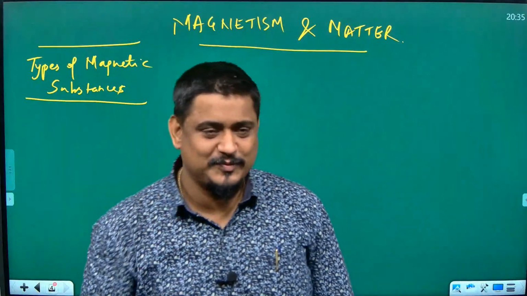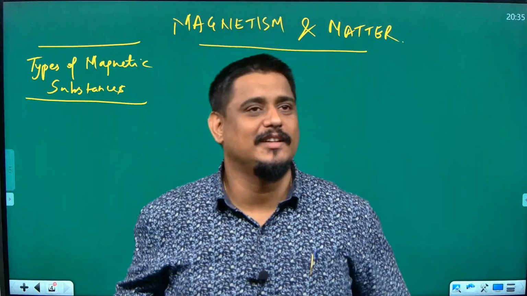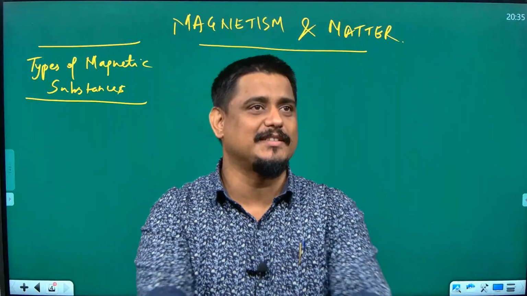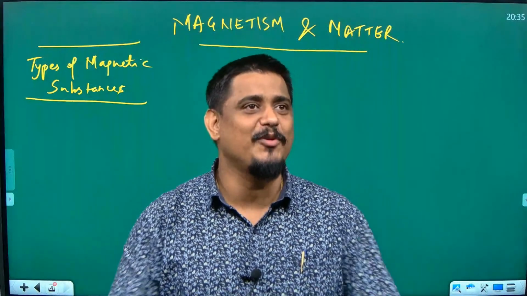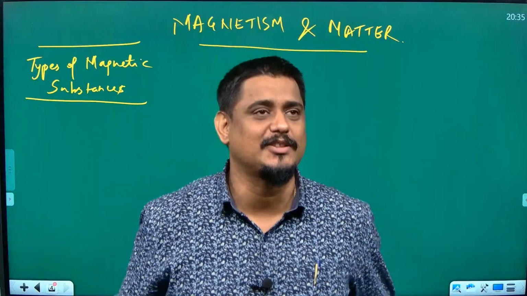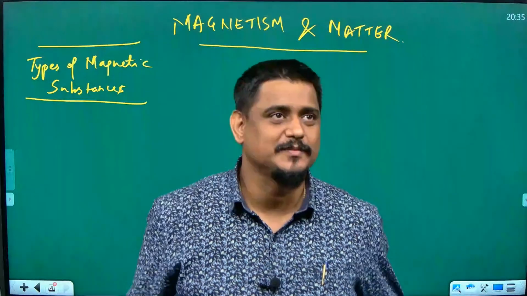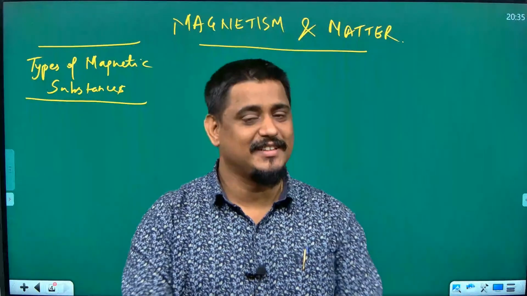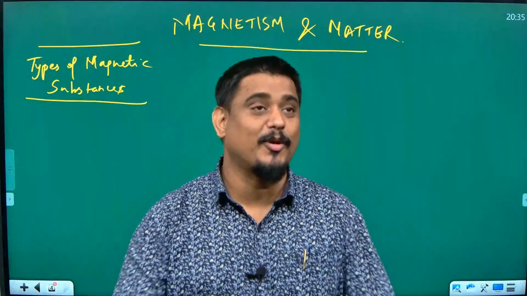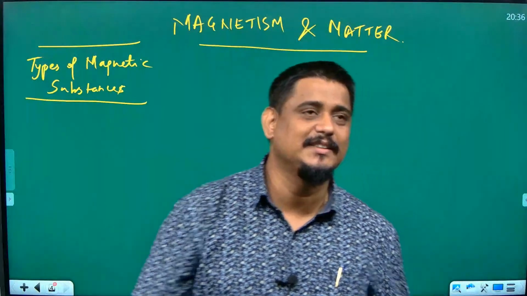Okay, enough. I'll ask some people sitting online, like Anbarasi. Anbarasi, around you, what do you feel is a magnetic substance, wherever you are sitting? Laptop battery. Laptop itself has a lot of magnetic substance.